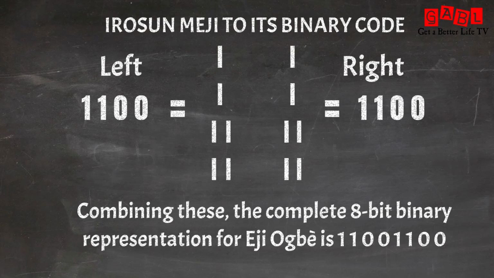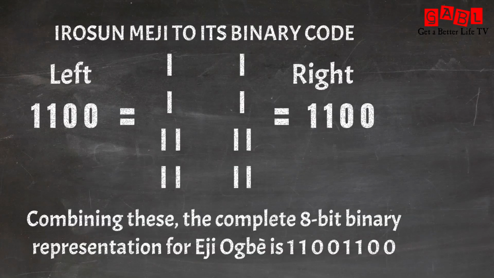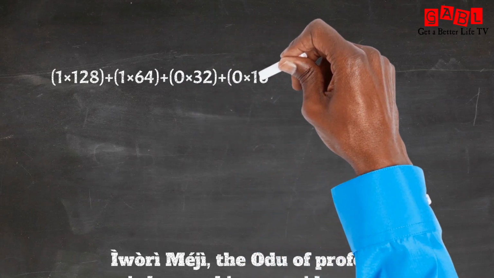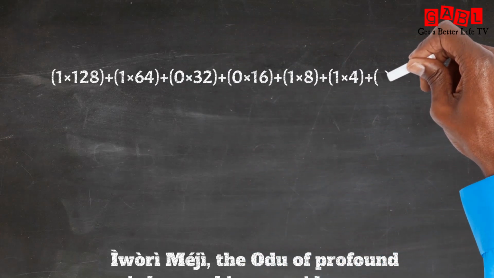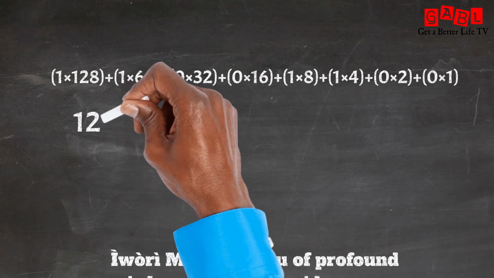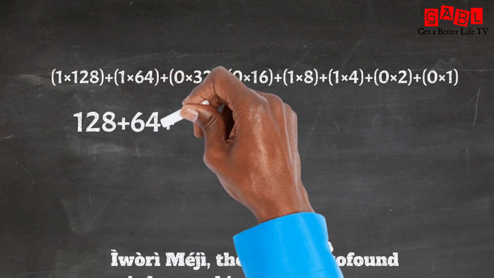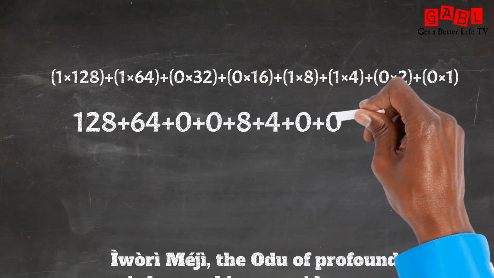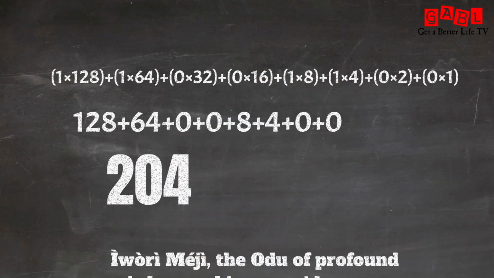Now, converting this binary code to its decimal equivalent, we have this. This calculates to 128 plus 64 plus 0 plus 0 plus 8 plus 4 plus 0 plus 0, which sums up to 204.